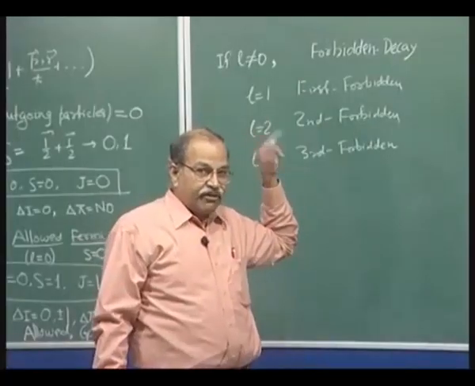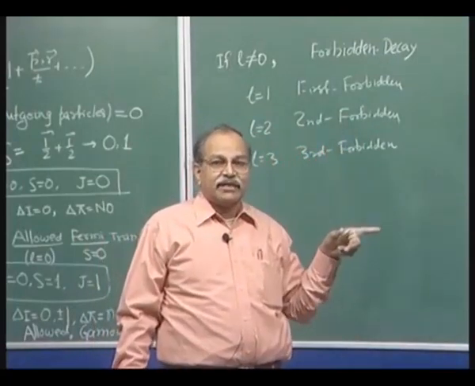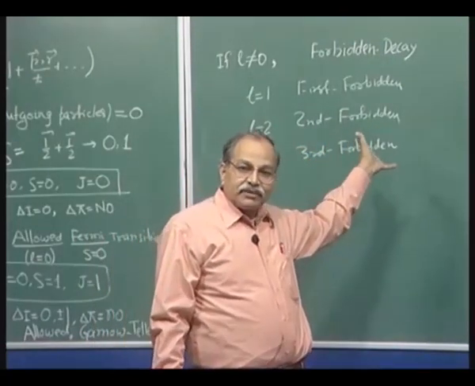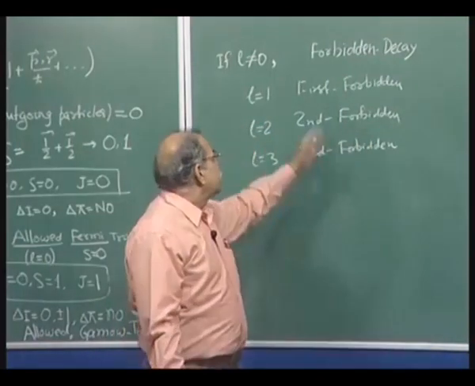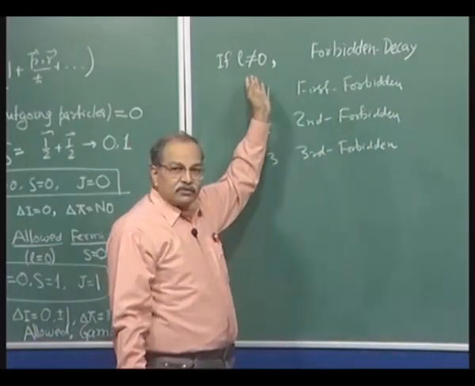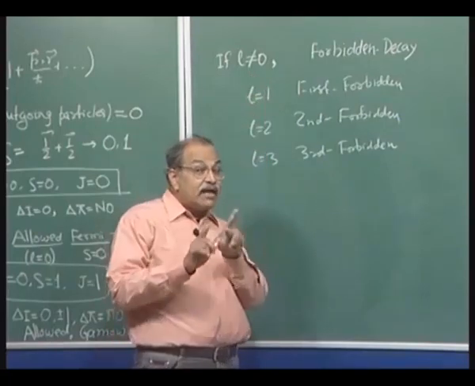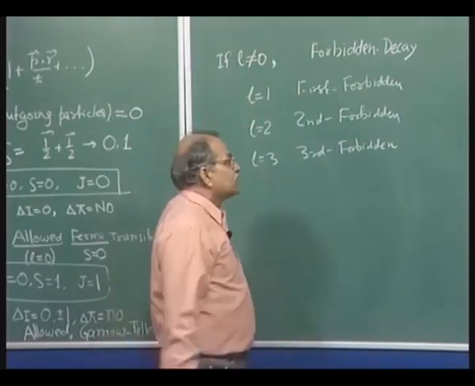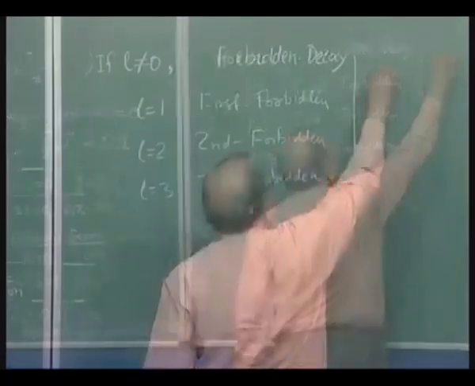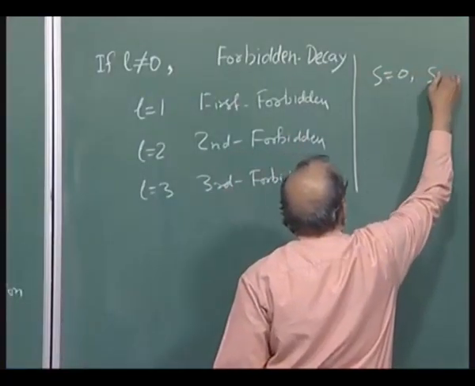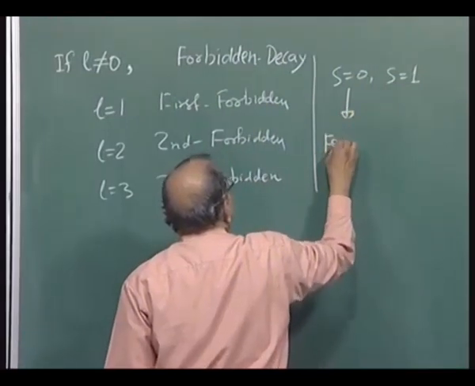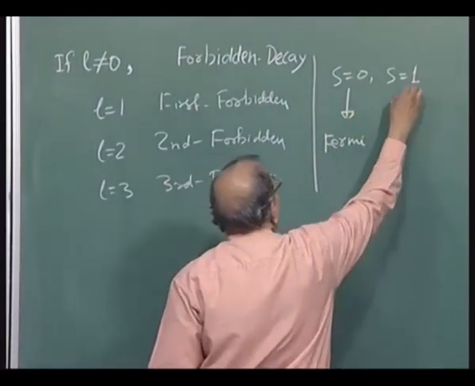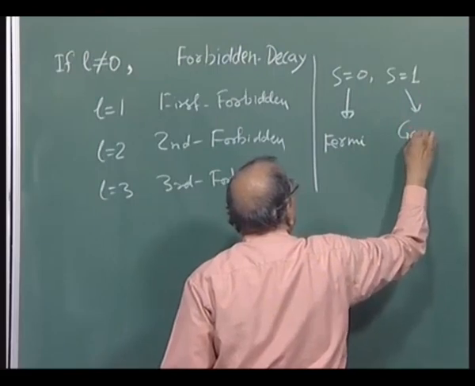The Fermi type and Gamow-Teller type are also here, because the two particles, neutrino and electron, go with these orbital angular momenta, but they still have their spin quantum number, which can combine to either s equal to 0 or s equal to 1. So, s equal to 0 will be Fermi and s equal to 1 will be Gamow-Teller.